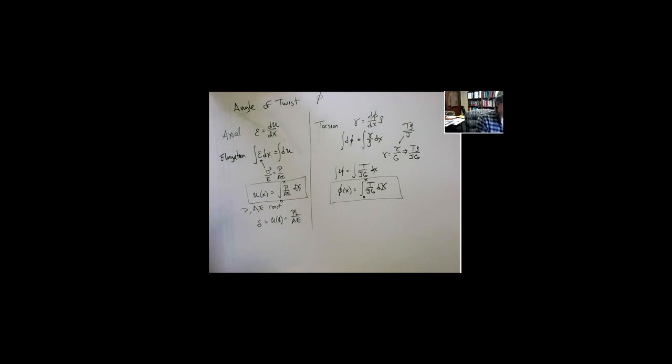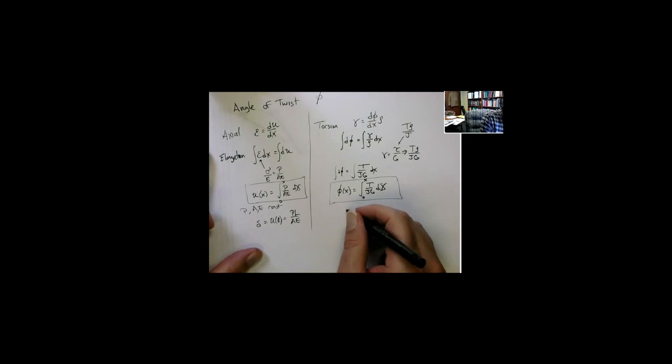But very often we have, again, a situation where the internal reaction torque, the geometric factor J, and then G are all constant. If that's the case, they can all come out of the integral, and then we're just left with phi equals T L over J G. That's the total angular twist.